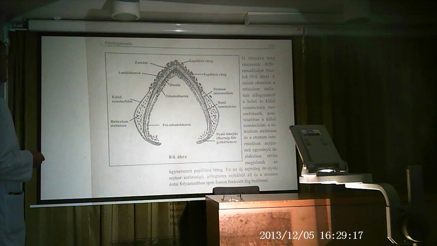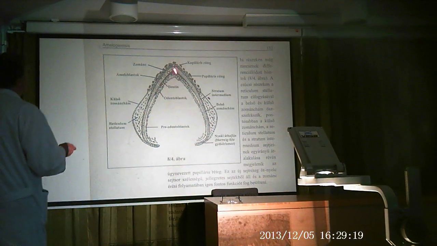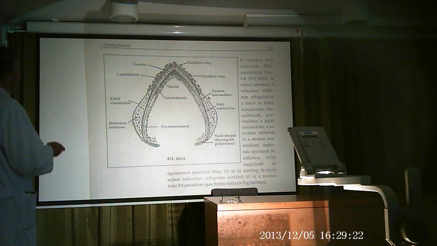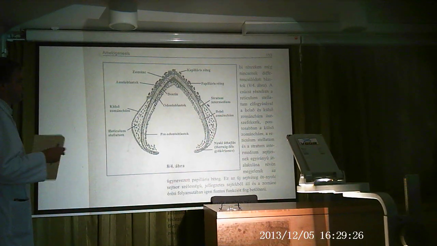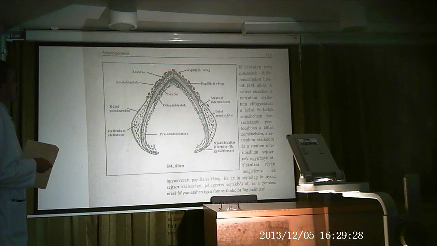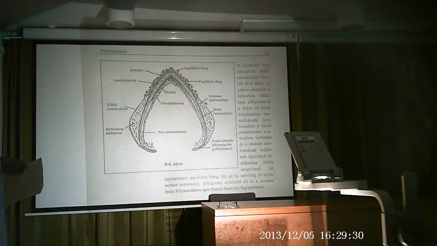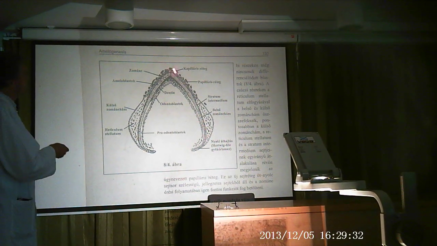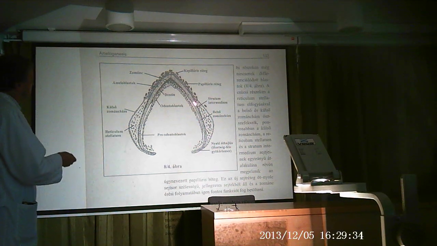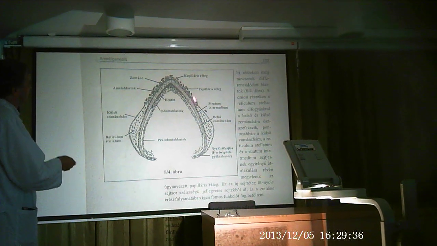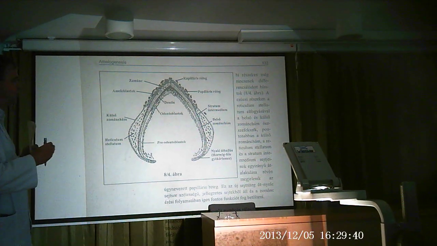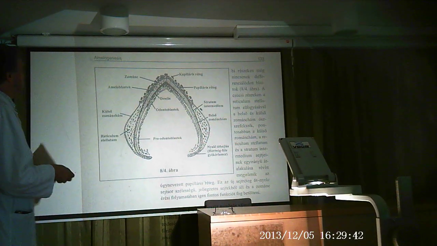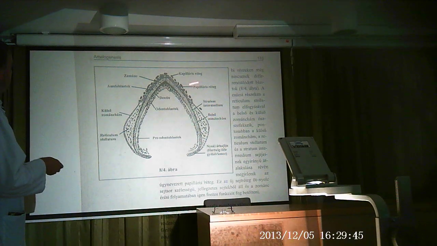It's where we can see cell layer by cell layer in very close connection without intercellular spaces. So the enamel epithelium, stratum intermedium, stellate reticulum cells are in very close connection. This is the papillary layer.